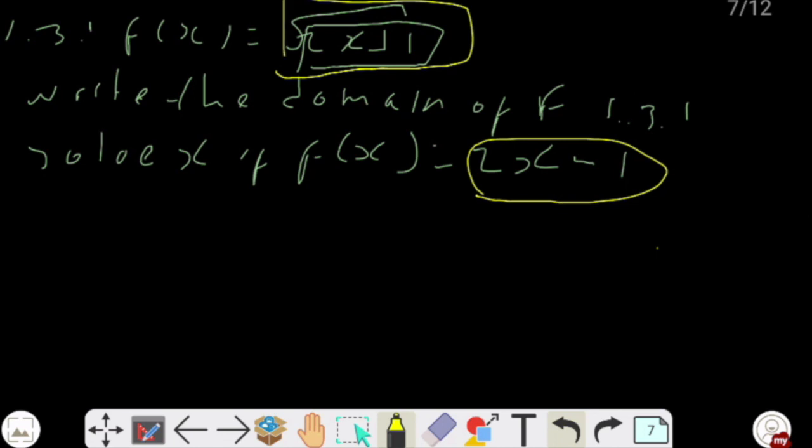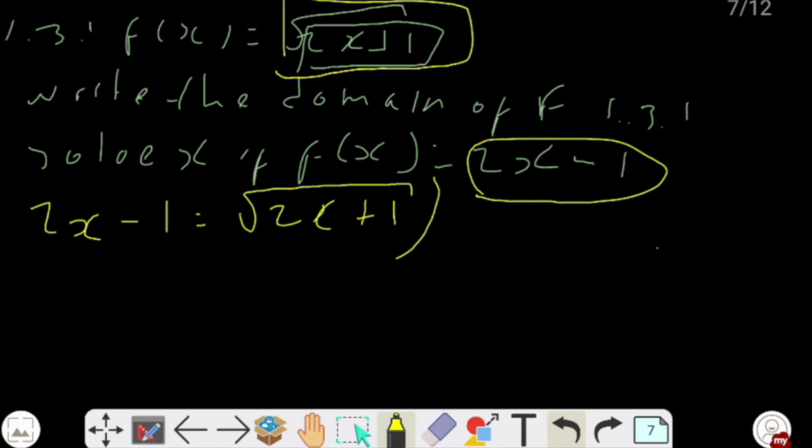Meaning you will have 2x minus 1 equals the root of 2x plus 1. Let's get rid of our square root by squaring both sides.